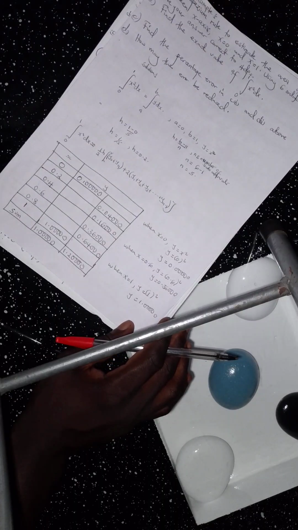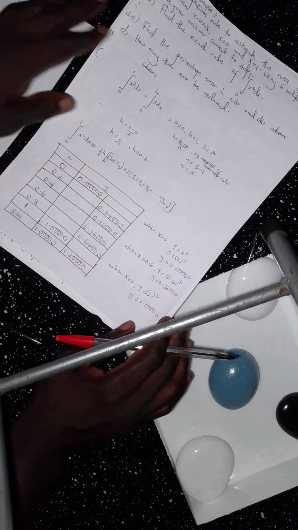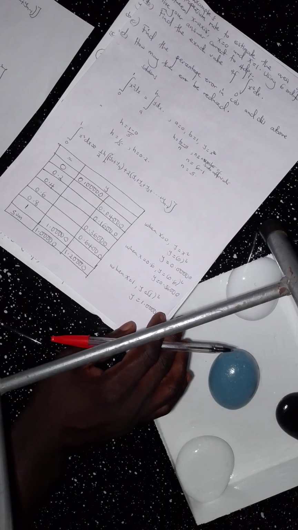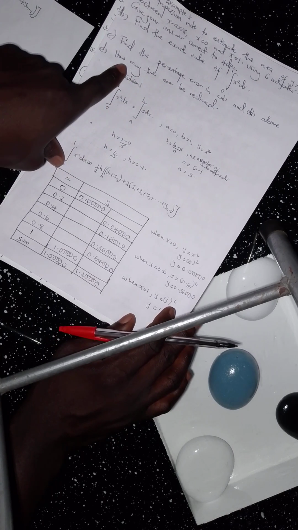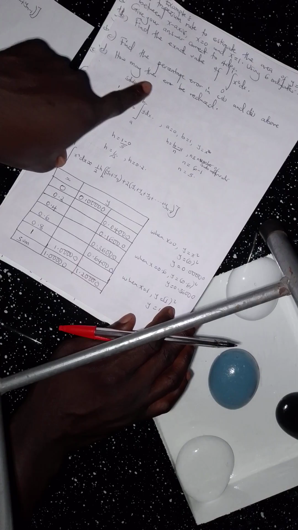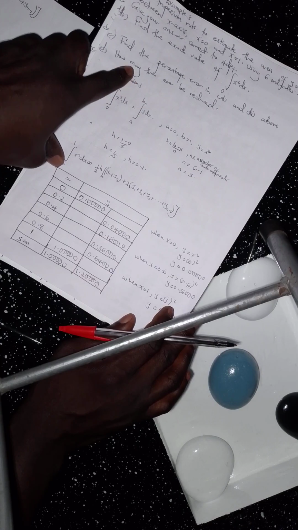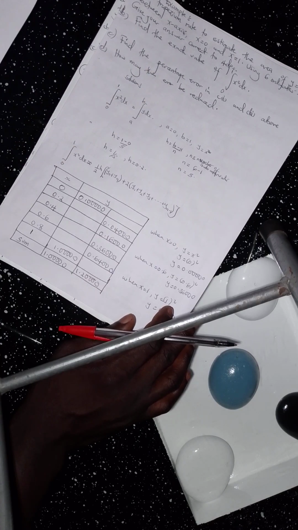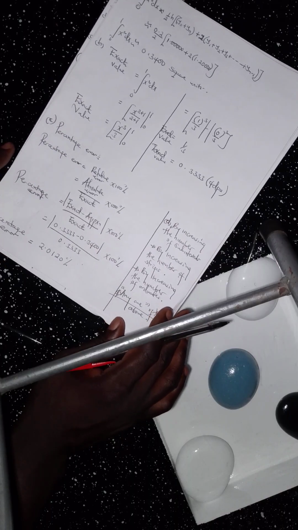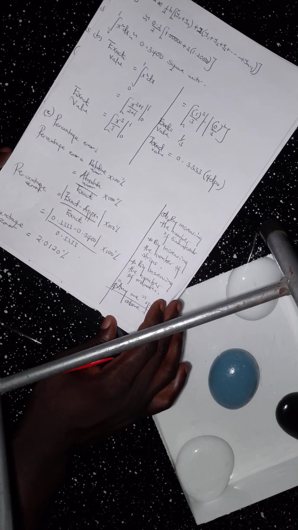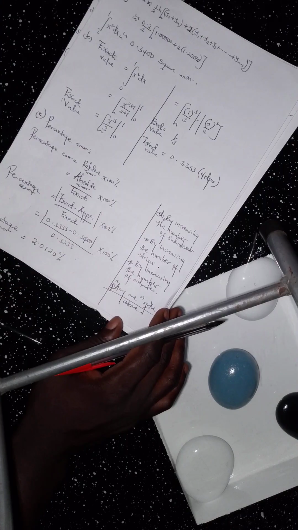Then part D wants us to state how the error may be reduced. If they do not set it this way, they will tell you to state how you may improve on the accuracy. So we improve on the accuracy by increasing the number of ordinates. If you don't want to use the number of ordinates, then you say by increasing the number of strips.